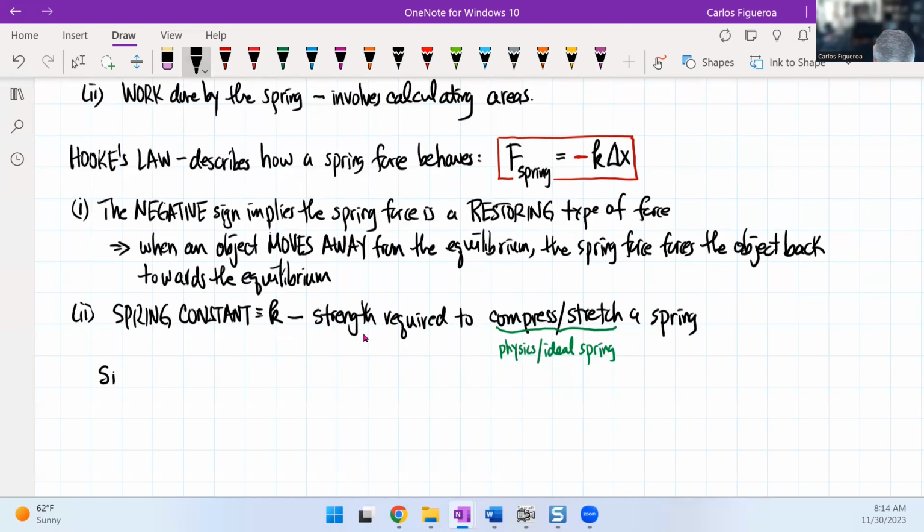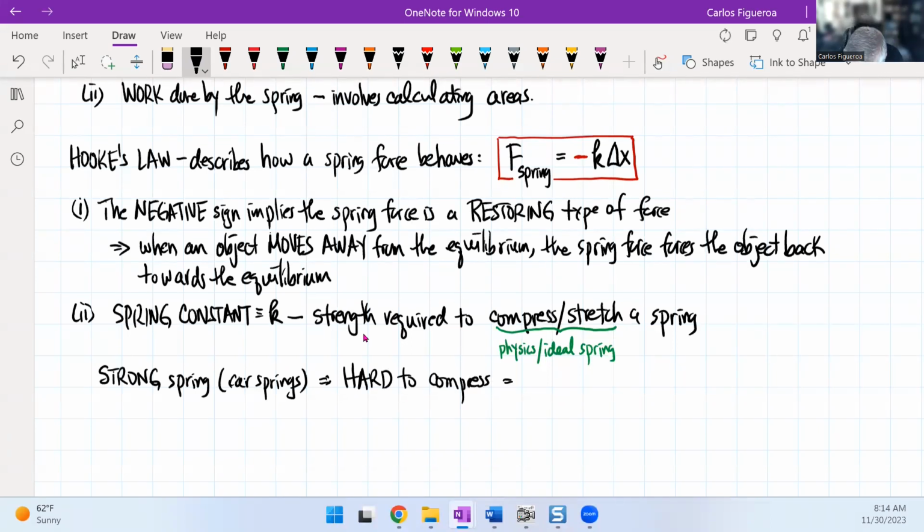If we have a strong spring, like car springs, these guys are hard to compress or stretch, and therefore they have a large K value.